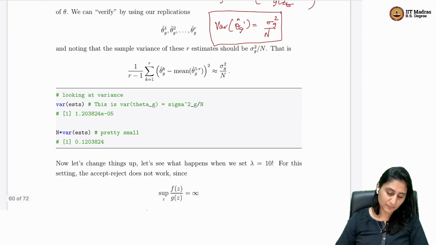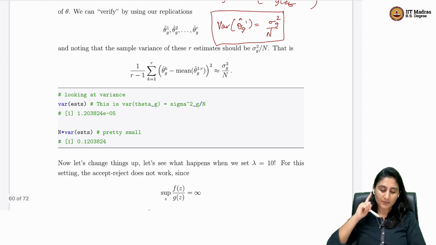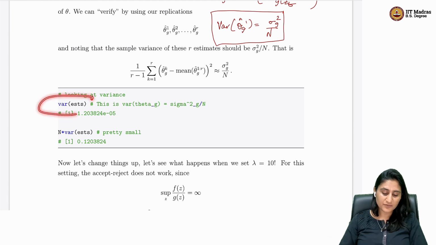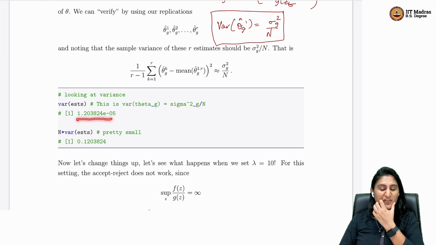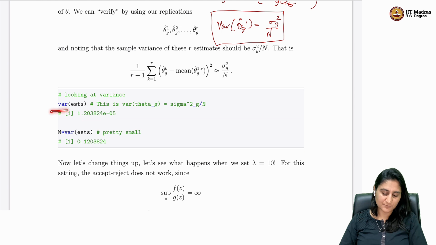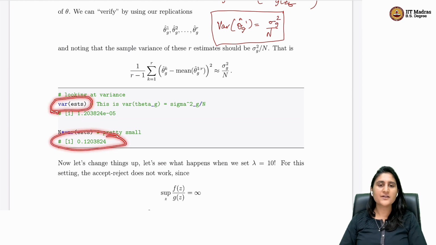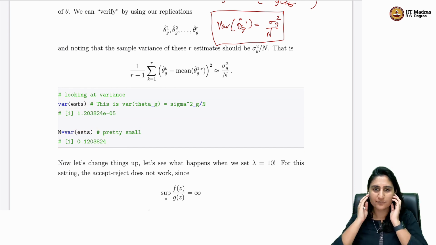And that's exactly what I get: the variance of all the S is sigma squared g by n, which is 1.2 times 10 to the power minus 5. So if I look at n times this, which should just be sigma squared, it is fairly small, 0.1204.